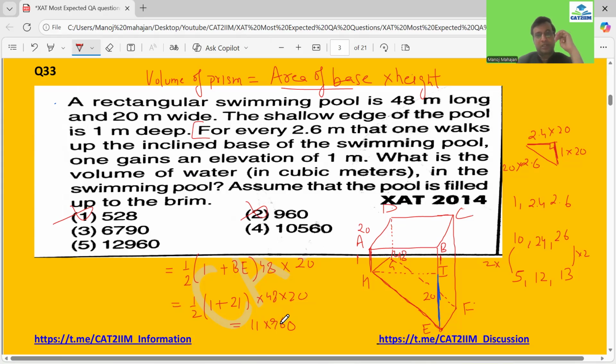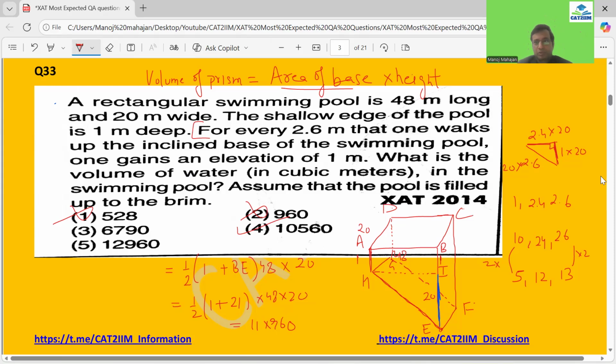So if you multiply this with 11, you would be getting this answer 10506. So probably if I look over here, it was seriously a tough one in the XAT paper. But you should know this concept because such a question can be there in the XAT again. So do understand what I have covered over here.